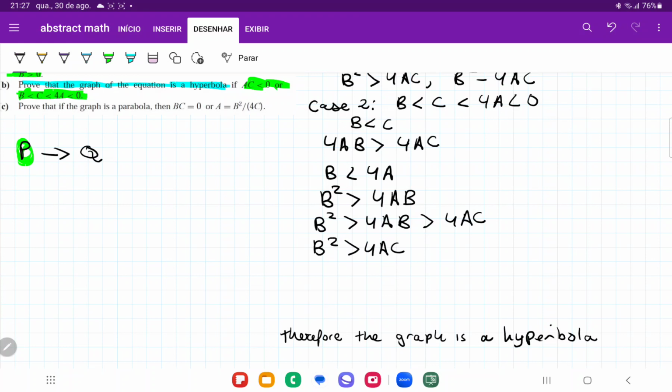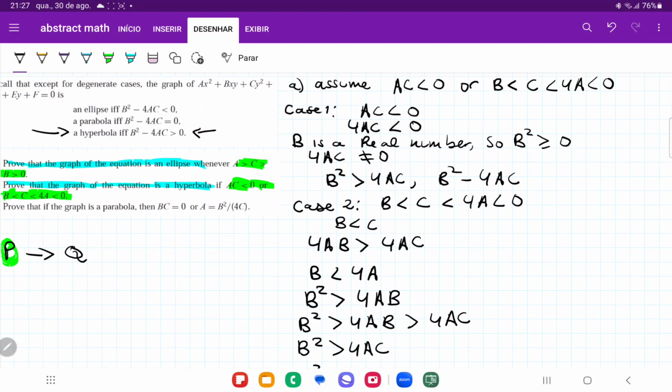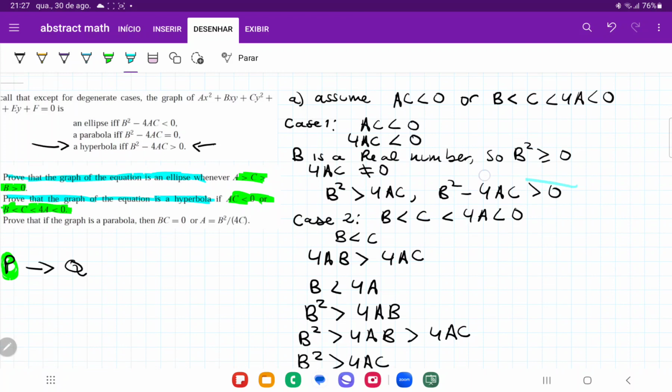And in this case, B squared is greater than 4AC, so B squared minus 4AC is greater than or equal to 0. So what I've shown here is that in case 1, I have that B squared minus 4AC is greater than or equal to 0.